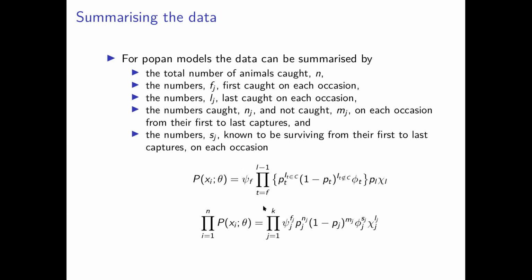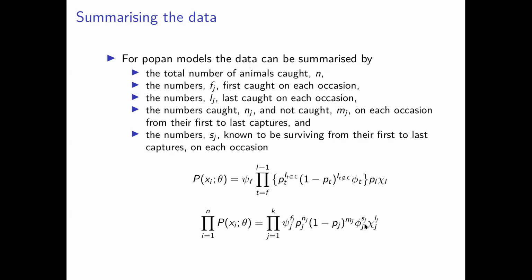And with those numbers, you can express the product of all the capture history probabilities with this term. So you're just multiplying psi sub j for each survey j by the number first caught in that survey. And then this part is similar to model MT, except that this number m sub j is the number of animals not captured in each occasion j between their first and last captures.